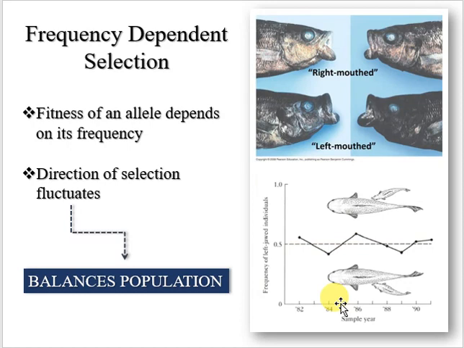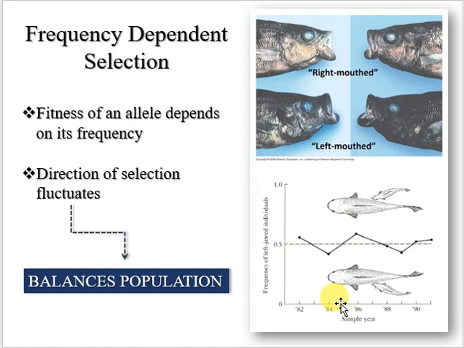Prey species will actually guard themselves against attack based on whatever phenotype of the scale-eating fish is most common in the lake. So because of that guarding behavior based on the most common phenotype, it actually fluctuates the prevalence of the different phenotypes or the different alleles within that population.